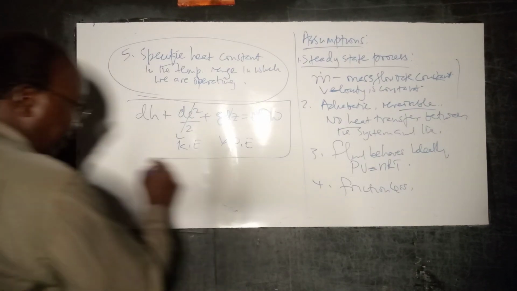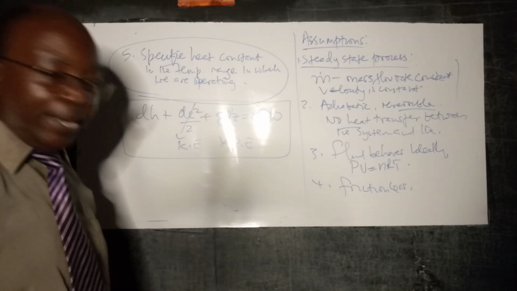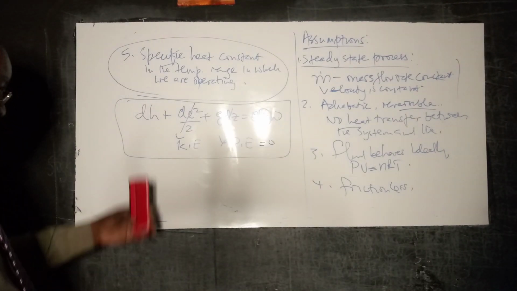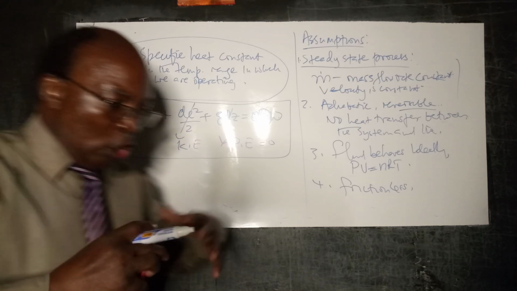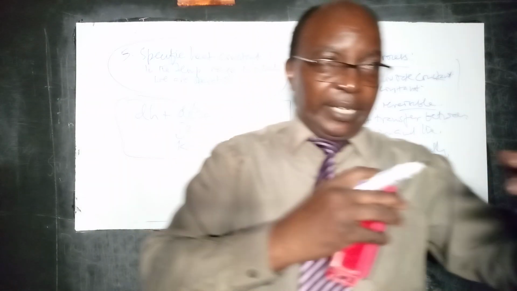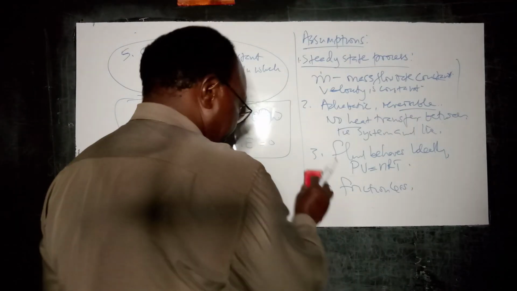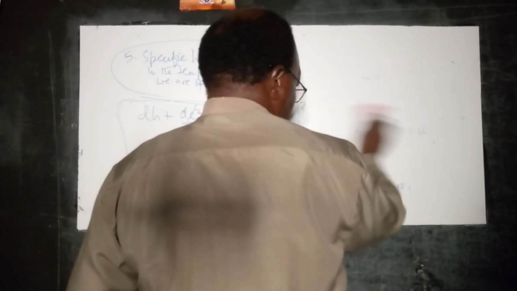So, if we assume, for example, in this system that there's no change in the datum level, we can assume that is 0. But we know in nozzles, it increases tremendously the velocity of the fluid. So what does that mean?